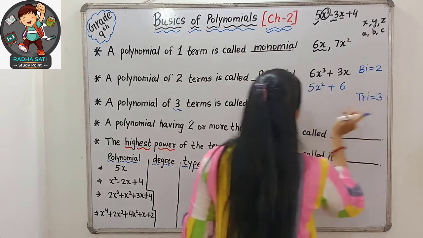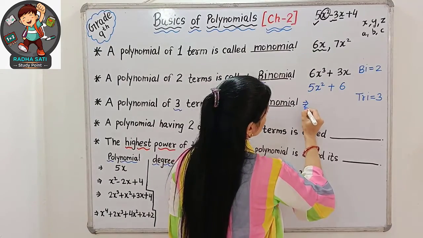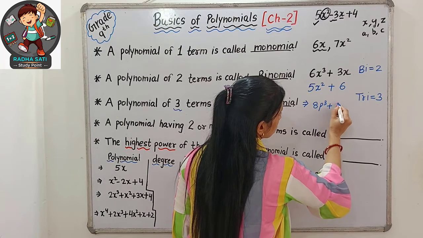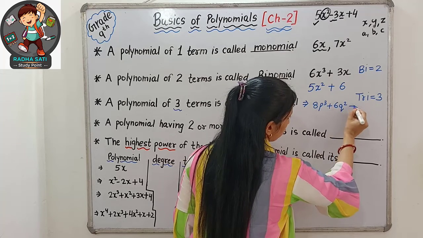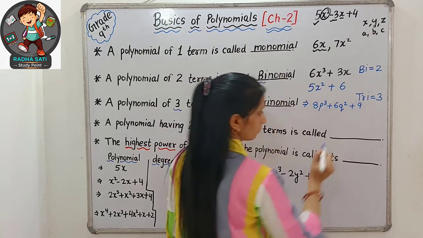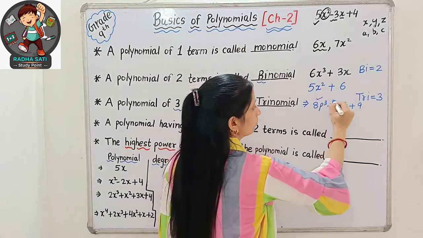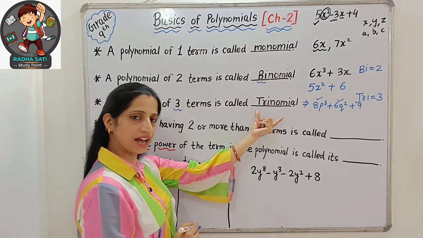Hence we call it trinomials. For example, 8p cube plus 6q square plus 9. So you can see that there are 3 terms, 1 term, 2 term and 3 term. Hence it is known as trinomial.